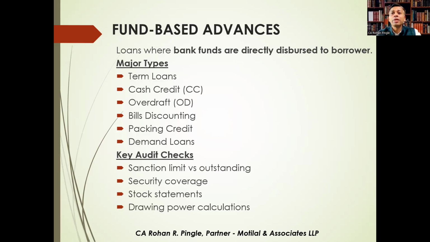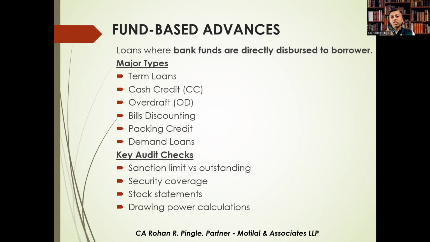So in this, fund-based facilities involve direct outflow of the bank funds, hence they carry higher credit risks. For example, cash credit, working capital finance against the stocks and receivables, term loans, that is loans for capital expenditure like machinery or building, overdrafts, flexible credit limits for customers.